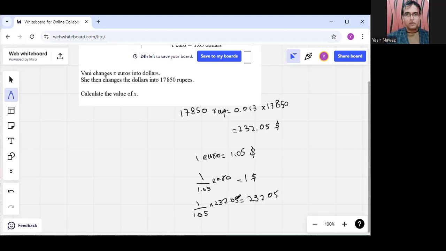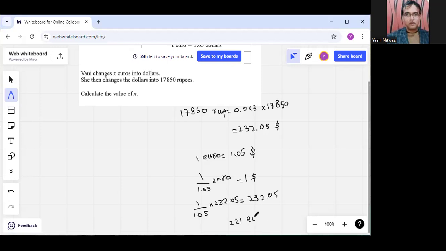Now I will use the calculator. 232.05 multiplied by 1 over 1.05. So it gives 221. So the final answer is 221 euro.